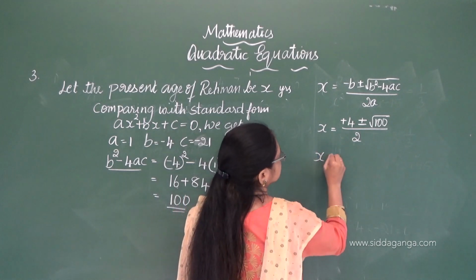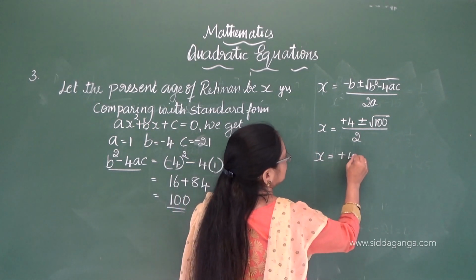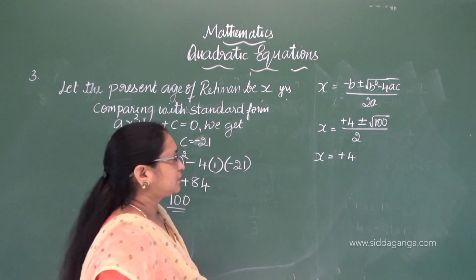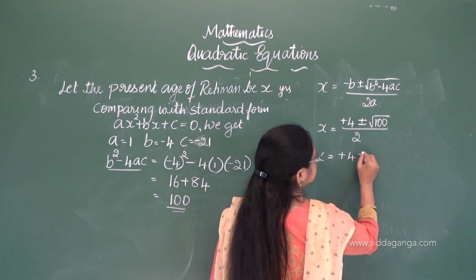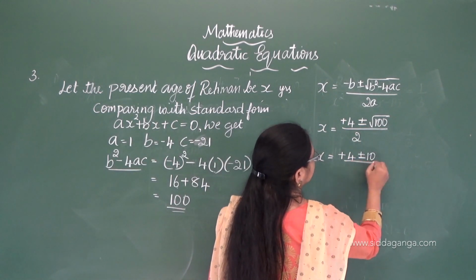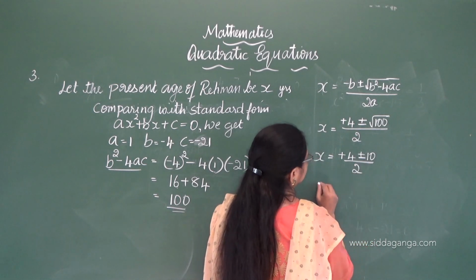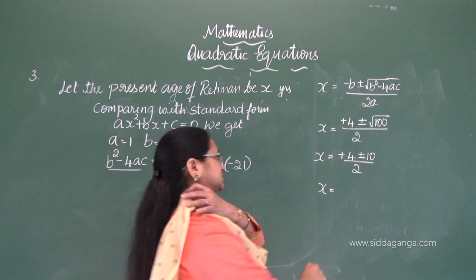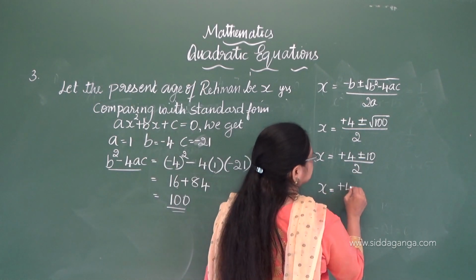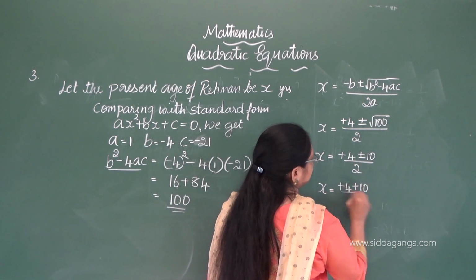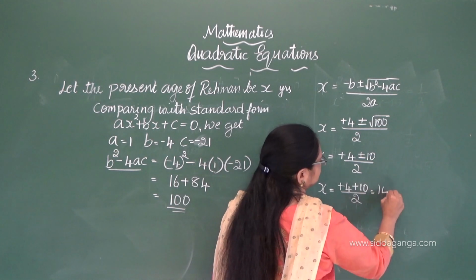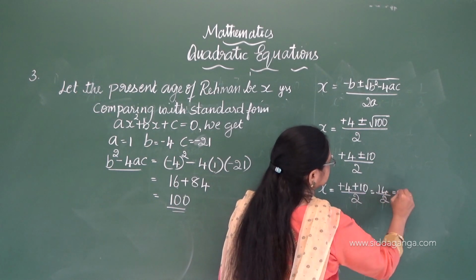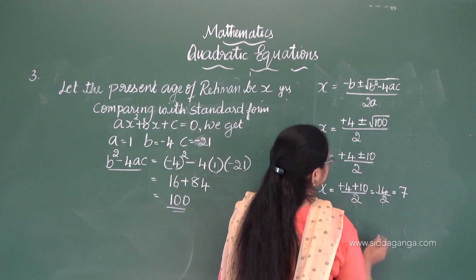Now x is equal to plus 4 plus or minus root 100, you all know root 100 is 10, divided by 2. So x is equal to plus 4 plus 10 divided by 2, that is 14 by 2, that is 7.